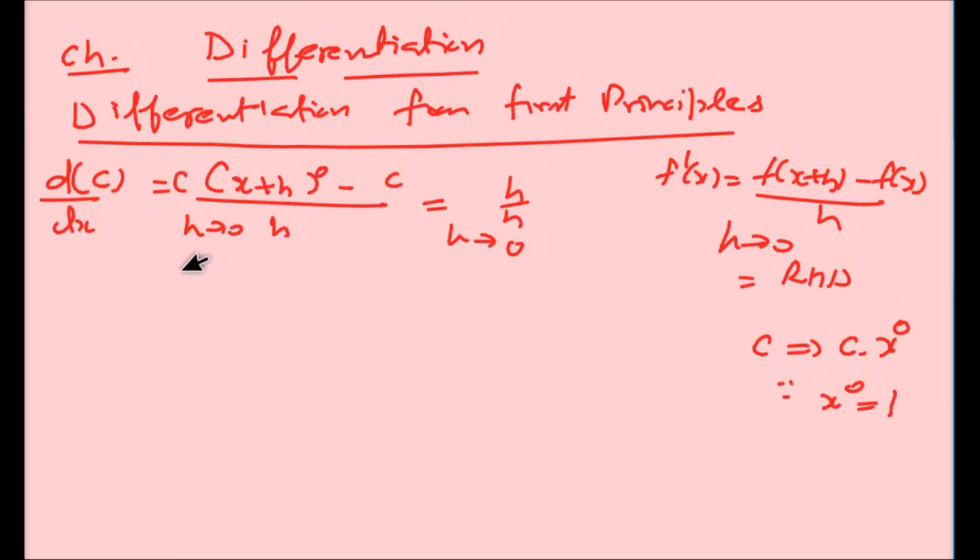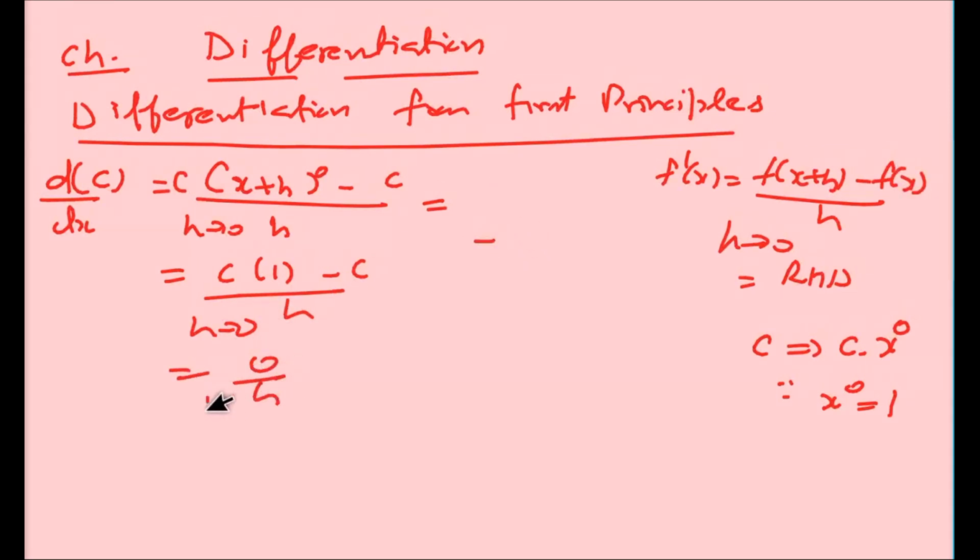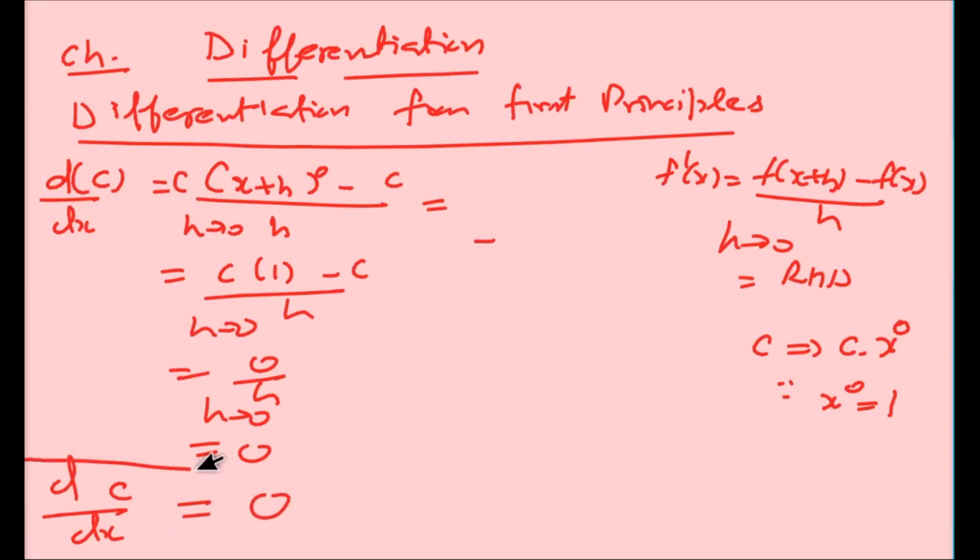So we can write here c into 1 minus c upon h, h tends towards 0. Okay, now it is equal to 0 upon h, h tends towards 0, equal to 0. So differential of constant function with respect to x is 0, right?